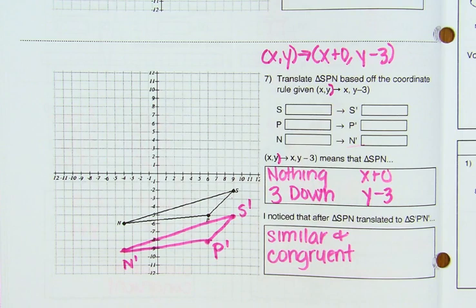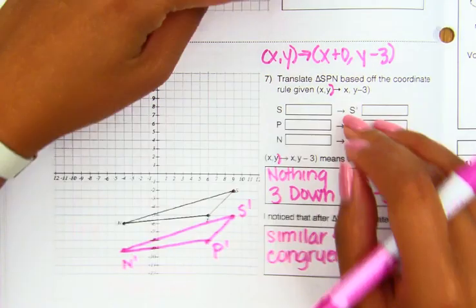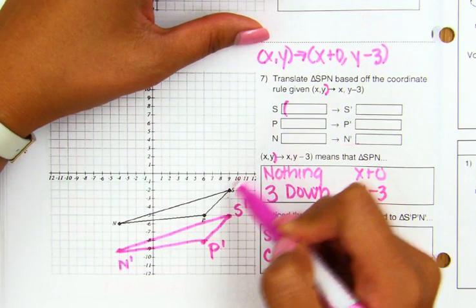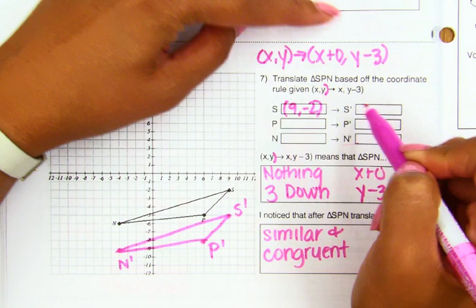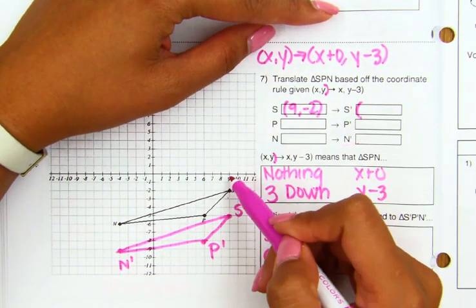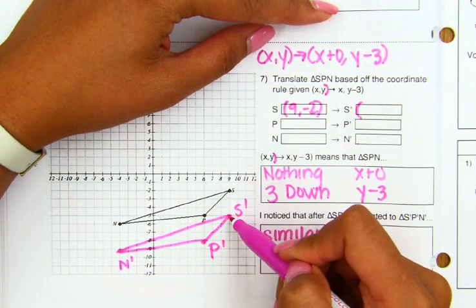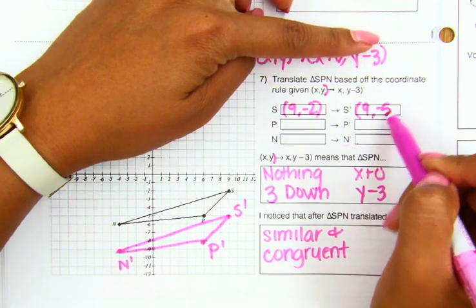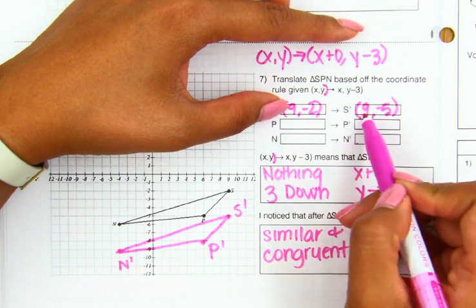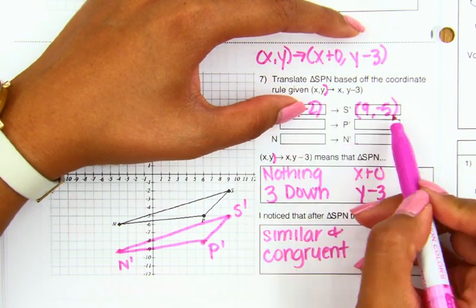But let's take a look at the ordered pairs to see if there's anything we can notice. For S, we have 9, negative 2, which then becomes S prime, which is 9, negative 5. Notice the X value stayed the same, but the Y value decreased by 3.